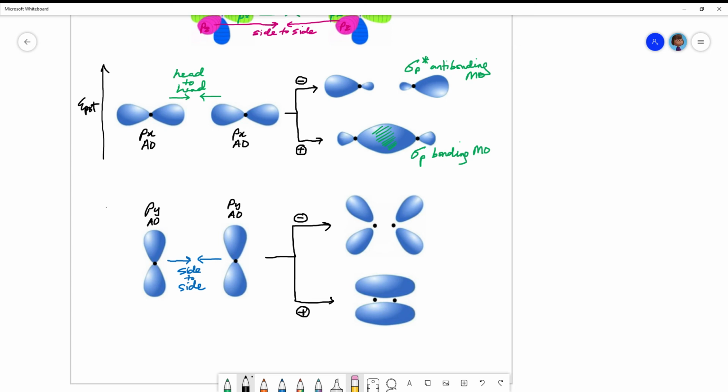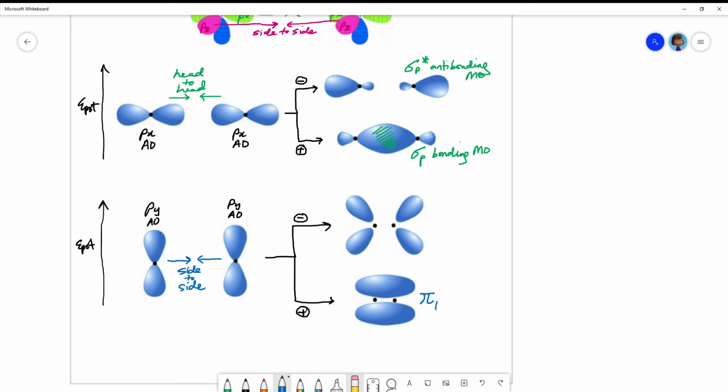And again, let's put our energy axis off to the side. Okay, here we go. Now, as it turns out, the bonding molecular orbital that we end up with is not a sigma bonding orbital. What we end up with here is a pi bonding molecular orbital.